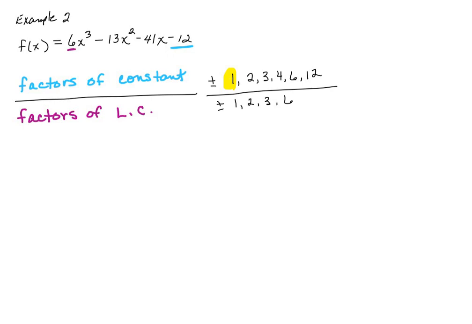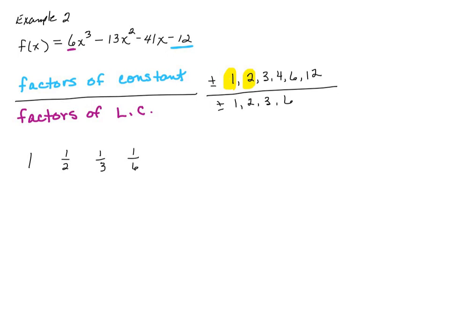I'm going to start with this one that I have highlighted, and I'm going to pair it up with each one of these numbers that's in the denominator. So I have 1 over 1, which is 1. Then I have 1 over 2, 1 over 3, and 1 over 6. Now I'm going to move on to the 2 that's in the numerator and pair it up with each one of the numbers in the denominator.